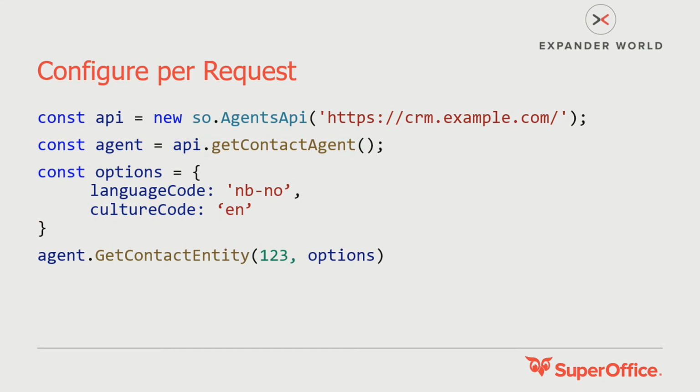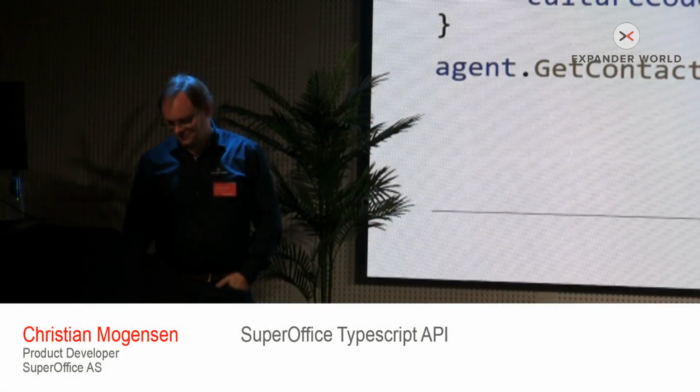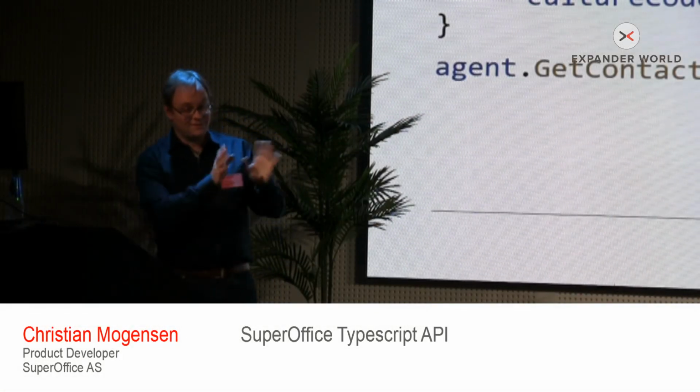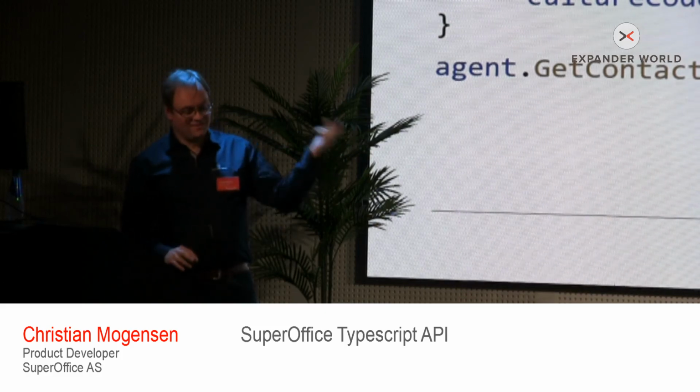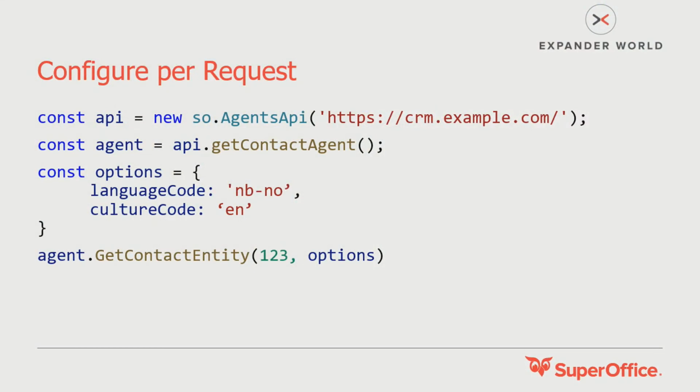That's the first line. But then when we're actually going to go get this contact entity, in that case, I want you to do it for this particular language. For this request, use these language options. Then the next request, it doesn't have to. So you have quite a bit of flexibility in how much configuration you want to deal with.